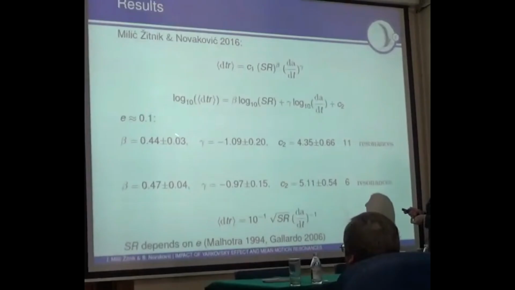And after taking the logarithm of this equation, we got a linear equation in the logarithmic plane, and we then applied the numerical method of linear least squares to fit our data with this equation in order to get these three unknown coefficients: C1 and the exponents beta and gamma. And we got two results, for 11 resonances and for 6 resonances. Why?